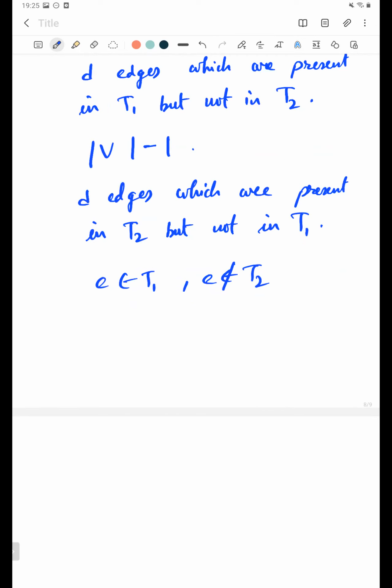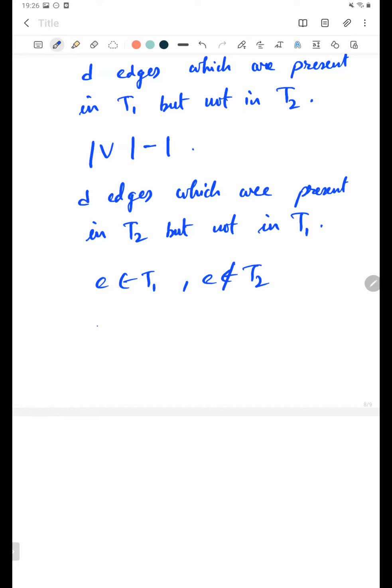Also, if you cannot find any such edge, let's say you have some other edge. I mean, we need to find a path from T1 to T2.